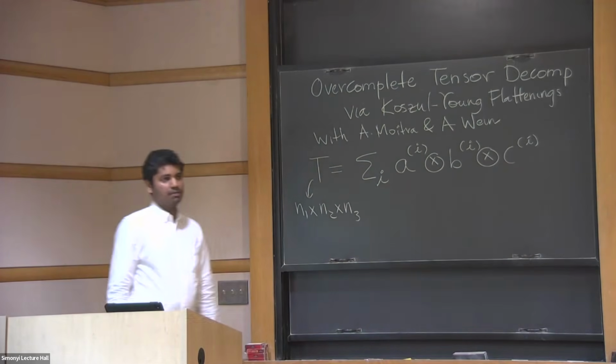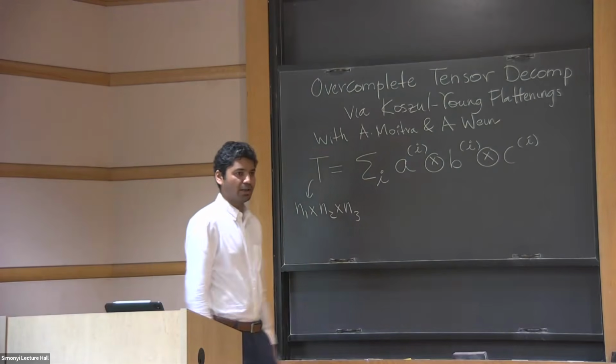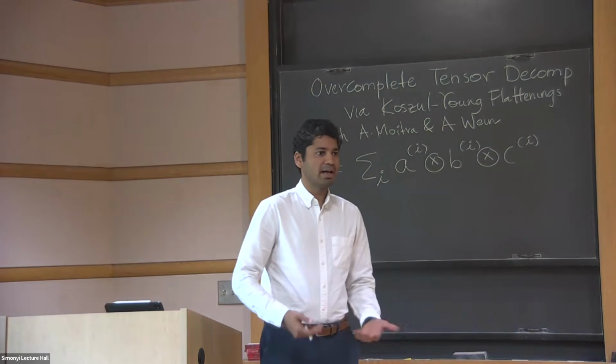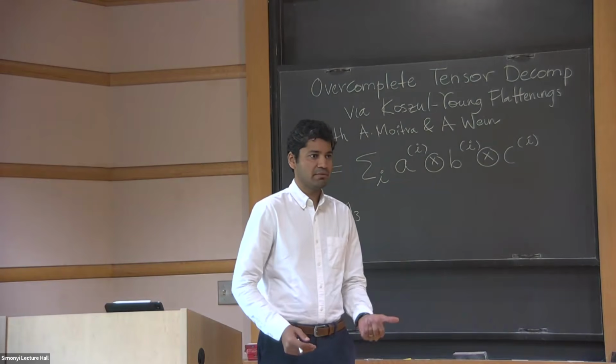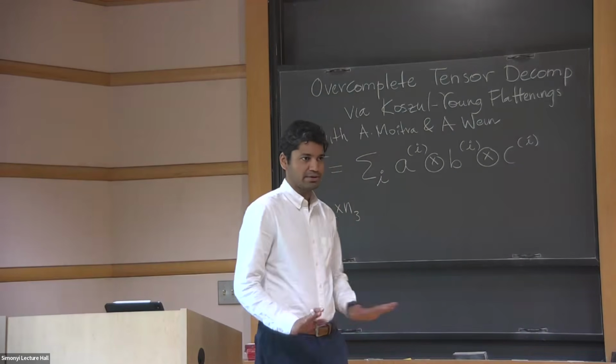If you come from algebraic geometry, you are probably used to a more abstract notion of a tensor, and this is maybe a particular representation of it. But for the purpose of this talk, this is the definition of a tensor for me.